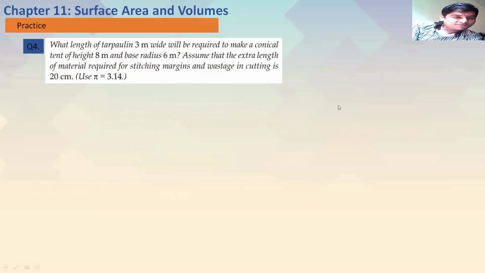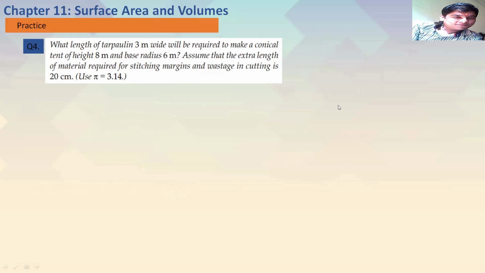Find the length of cloth required to make a conical tent of height 8 meters and base radius 6 meters, assuming the extra length required for stitching margins and wastage is negligible, and use pi equals 3.14.